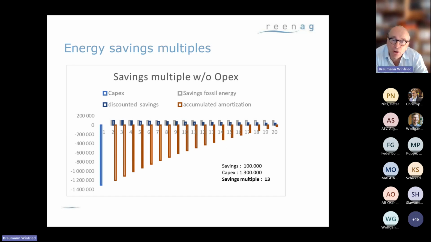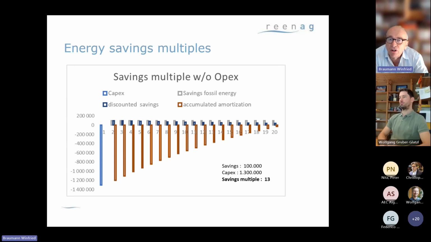So this is 13 times the amount of the annual energy bill, and therefore we have a kind of savings multiple, savings of fossil energy of 13, if we do not calculate with other costs like OPEX.